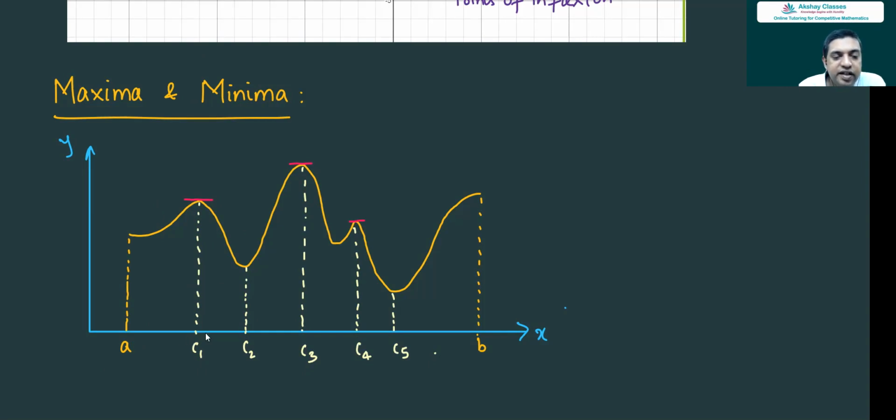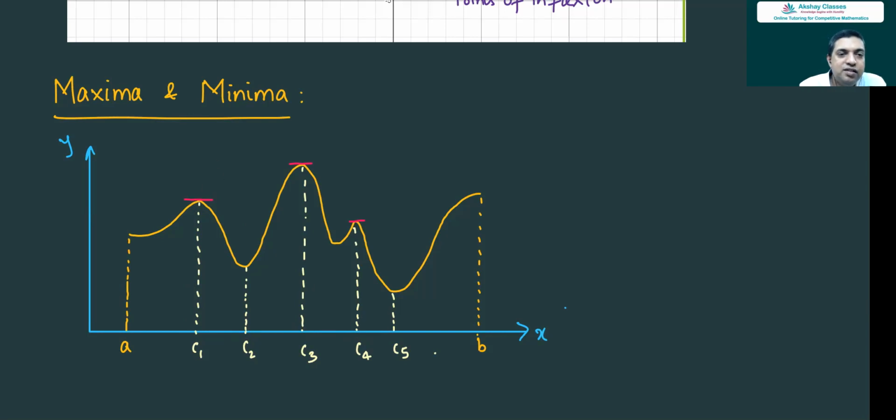Locally, just in the neighborhood of C1, C3 and C4, these points are maximum. So in the neighborhood of C1, f of C1 is the largest value.